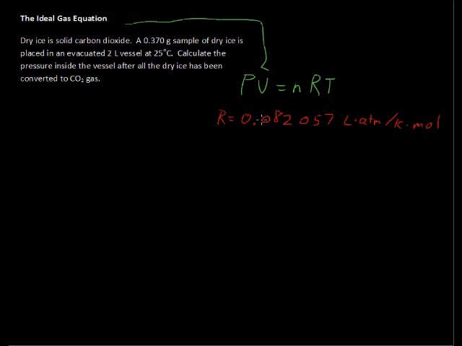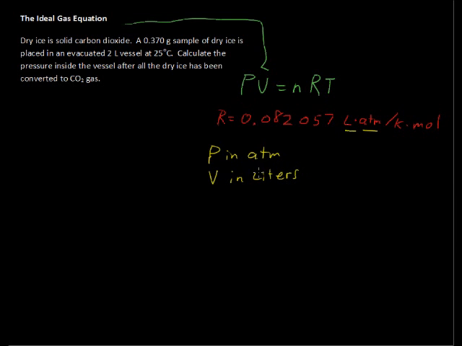So what this is telling us is that this R in particular requires that the pressure be in atmospheres. So I'll write that pressure has got to be in atmospheres, and the volume has to be expressed in terms of liters.